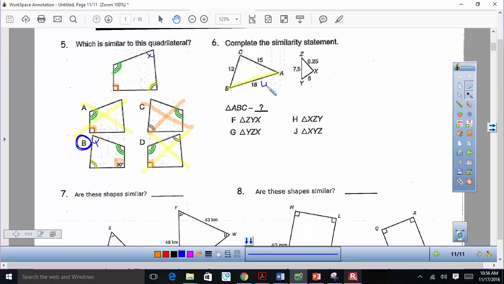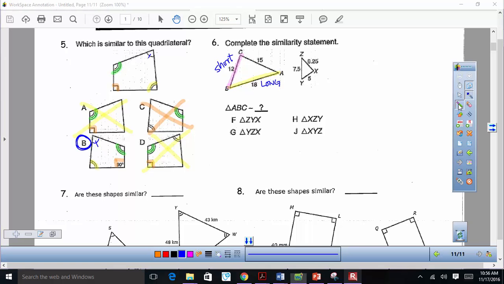This is the long, right? Okay. So I went from A to B, and then from B to C. Is 12 the short or middle side? The short. Okay. So see the order we went? Long side to short side?